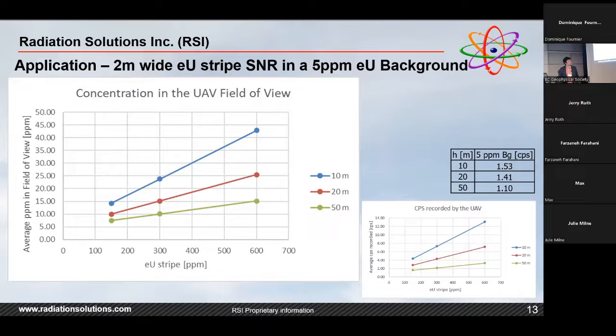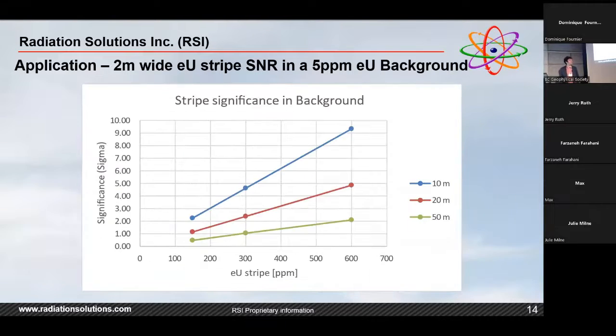These curves here translate into around 2 to 12 counts per second, depending on your flying. So you're not relying on a lot of statistics. You know already that you're going to end up with a lot of statistical noise that you're going to have to remove one way or another when post-processing the data.